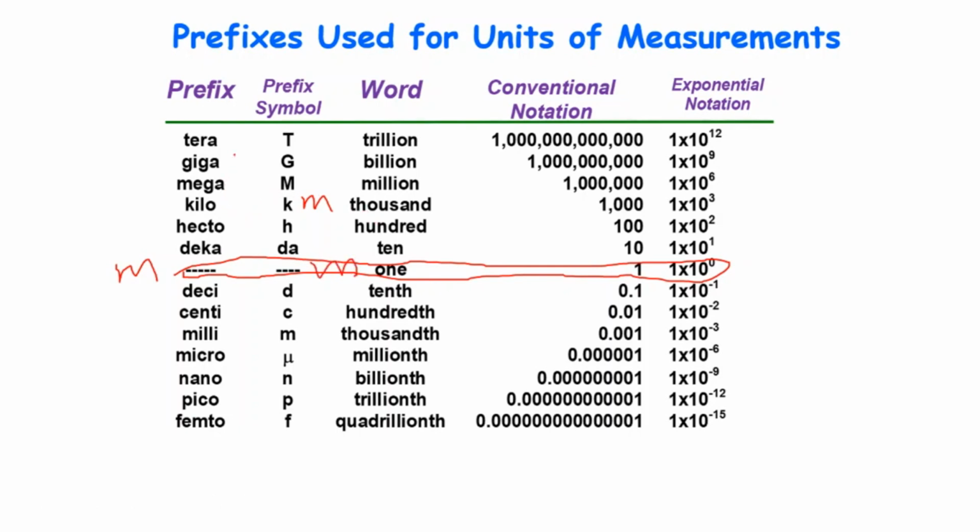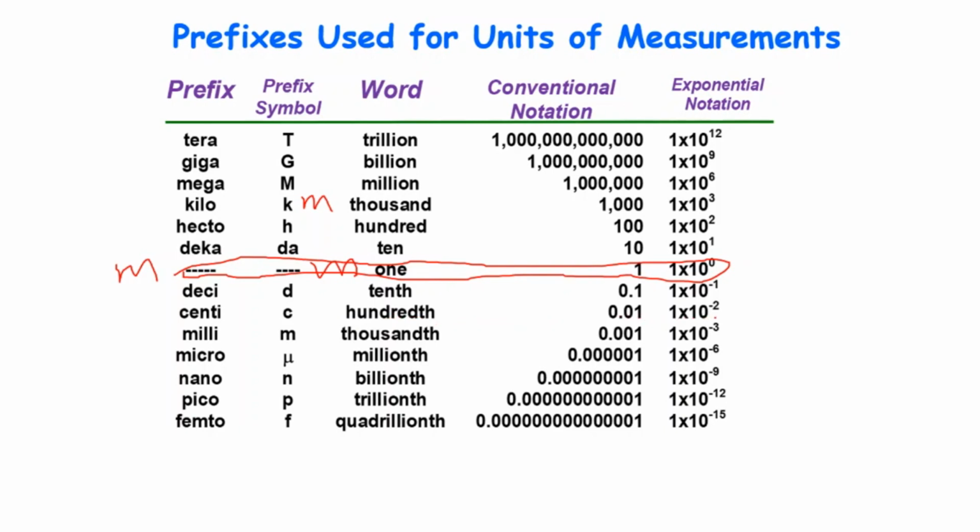Then you can go up: you can have mega, that's a million, tera, that's a trillion. Trillion is 10 to the 12, million is 10 to the 6, kilo is 10 to the 3rd. If you go down to smaller units, let's say centimeters, centi is 1/100th of a meter, 0.01 meter, or 10 to the negative 2 meters.